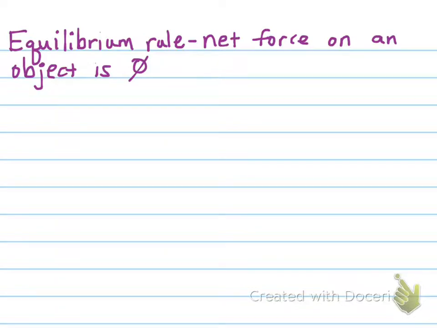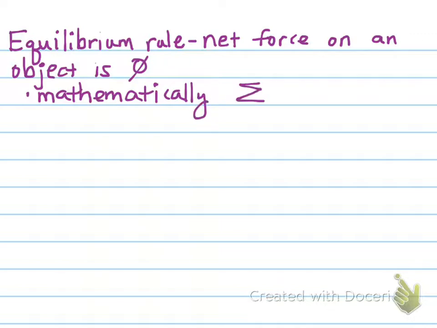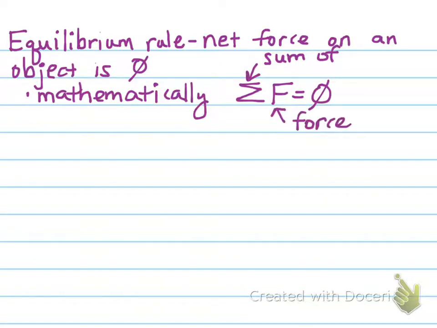Mathematically, and remember we are going to be doing some math in this class, this looks like this. This symbol is the Greek letter sigma, and it means sum of. You might see it throughout physics, and it always means sum of. The F stands for forces, is equal to 0.